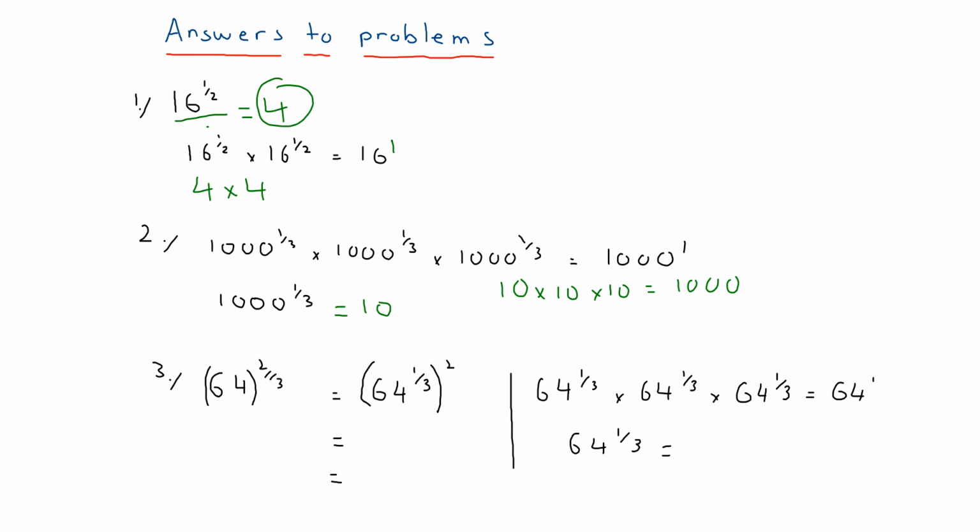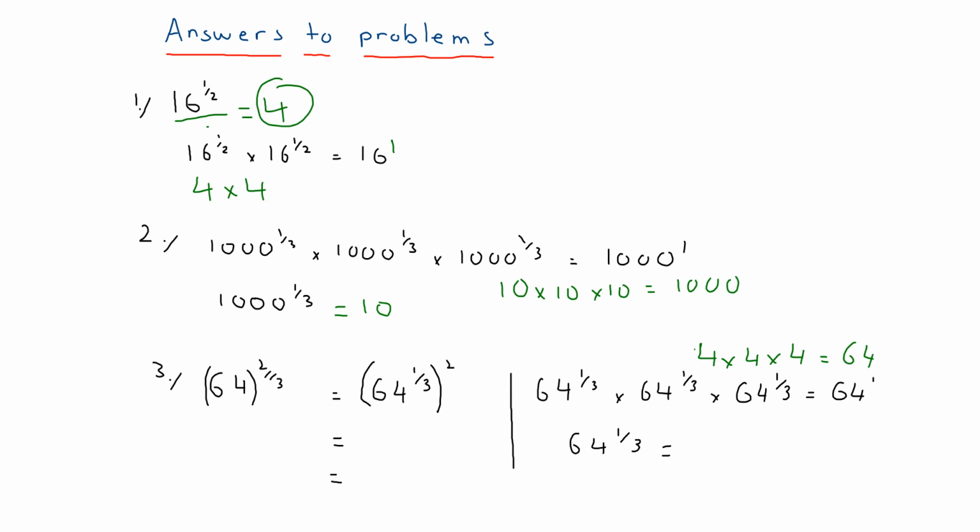64 to the 1/3 times 64 to the 1/3 times 64 to the 1/3 equals 64 to the 1, because I'm going a third plus a third plus a third again. What do I times by itself 3 times to get to 64? I know it's 4, because 4 times 4 times 4 equals 64.